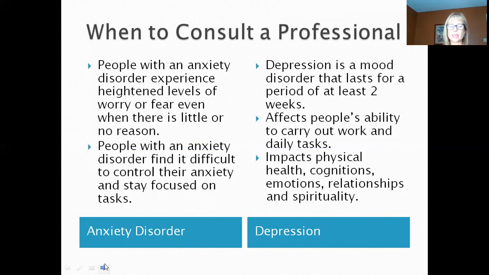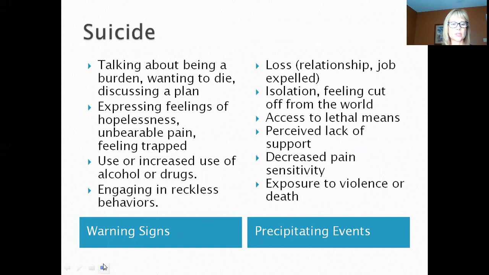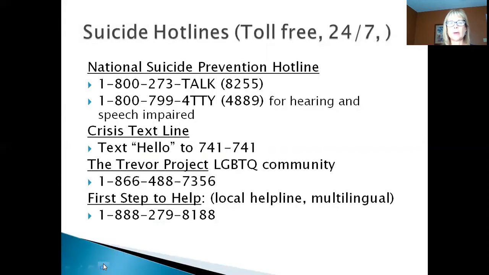That's when it's a good idea to pick up the phone, make a call and see what you can do to get that situation evaluated. And sometimes the first place to go is to your pediatrician or doctor's office. Here are some other hotlines and things that you can reach out to.